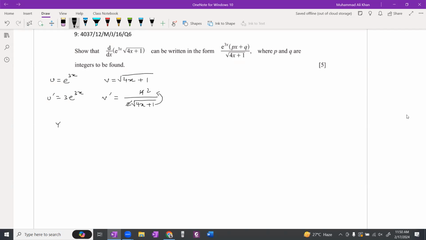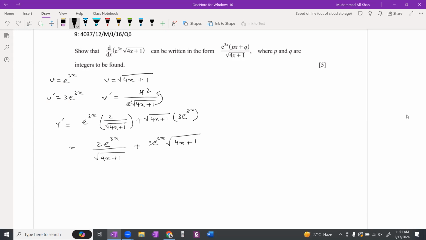Now, y dash will be u, the derivative of v, plus v, the derivative of u, 3 e power 3x. So it will be 2 e power 3x upon under root 4x plus 1 plus 3 e power 3x under root 4x plus 1.